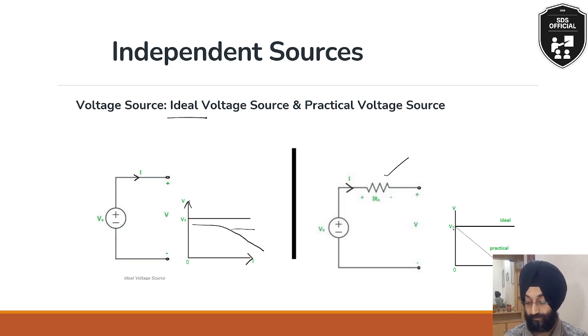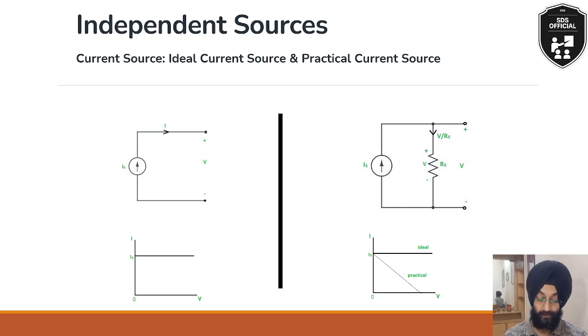So practical sources do not have a fixed value of voltage for all the time we use it, the value eventually decreases. Similar is the case for ideal current source and practical current source. So the current value also decreases with respect to time.